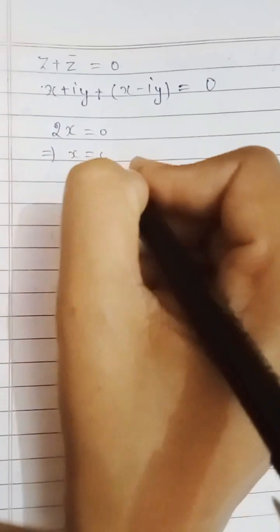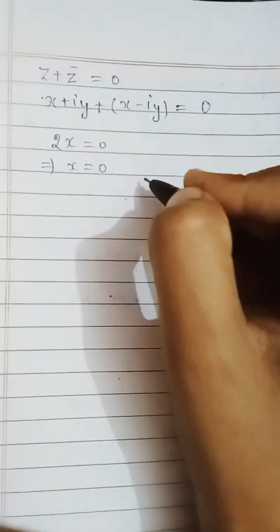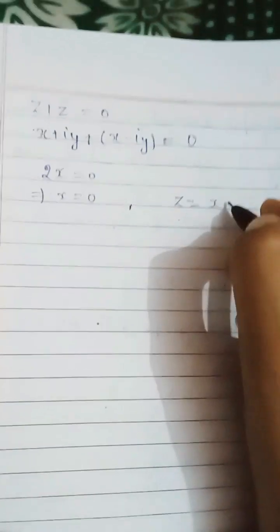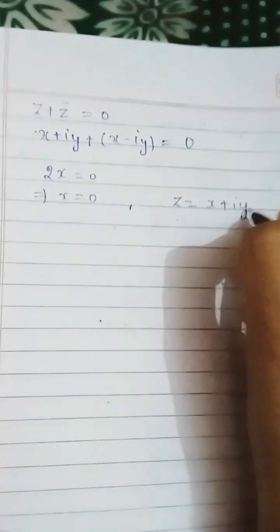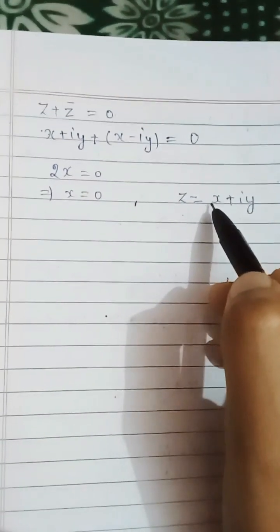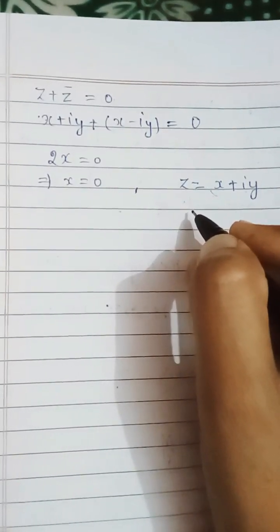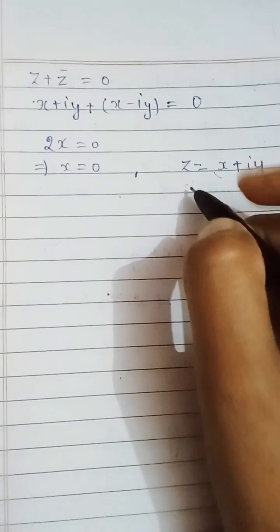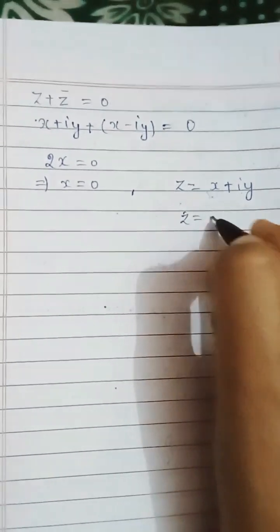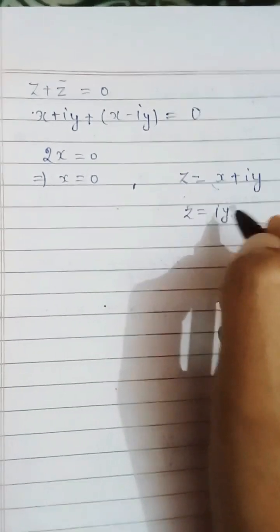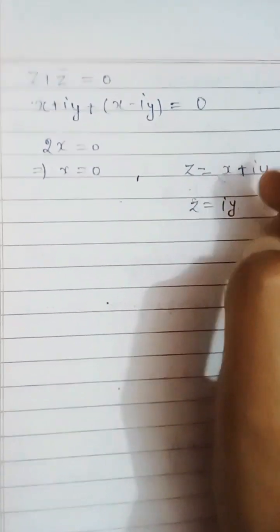This implies x is equal to 0, and so in z, if a complex number is x plus iota y and we put x is equal to 0 here, then what we will get? z is equal to iota y. That means we have only a purely imaginary number.